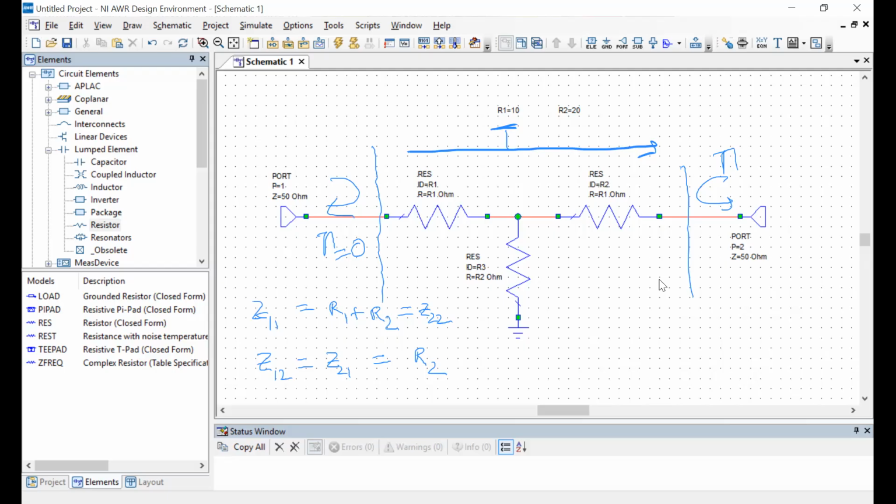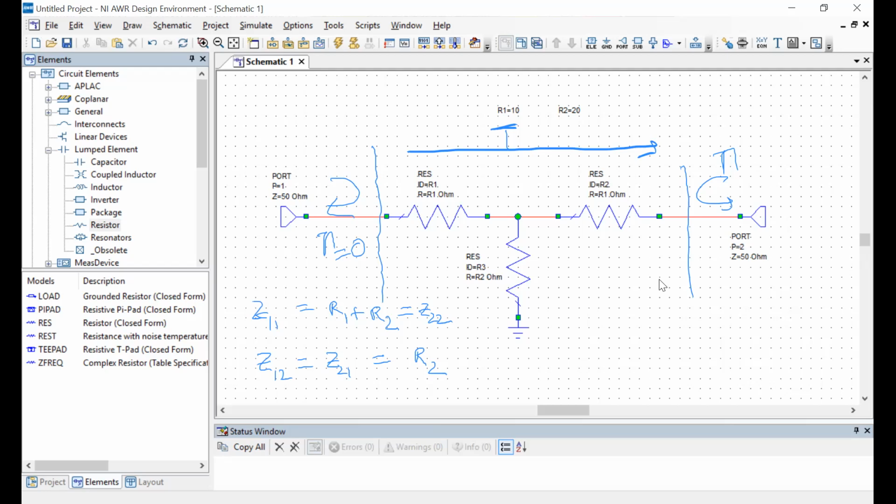But how can I write down this condition gamma equal to 0 in terms of these circuit elements? Remember that this is an extremely simplified case where it's a resistor and frequency independent, so I don't have to write down any complicated thing.